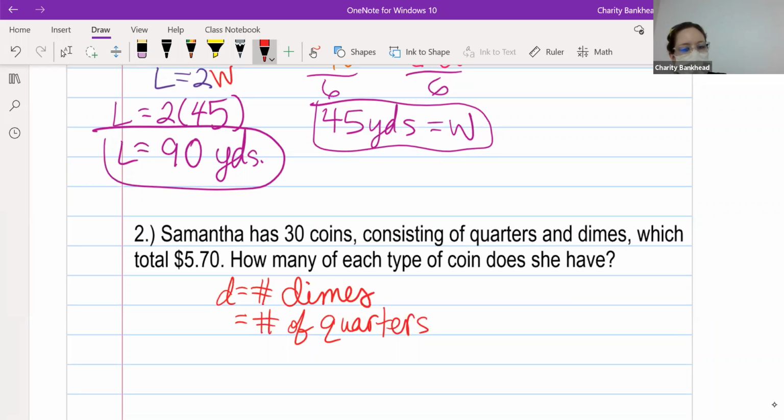If she has 30 coins, they're all quarters and dimes, right? So to answer that, you would just take the total number of coins, which is 30, and subtract the number of dimes, and that would give you the number of quarters. So 30 minus D represents the number of quarters.